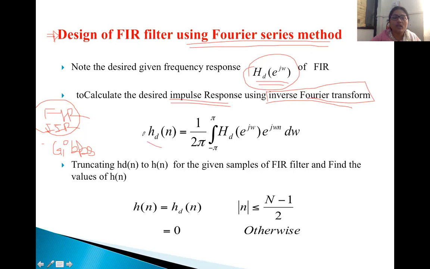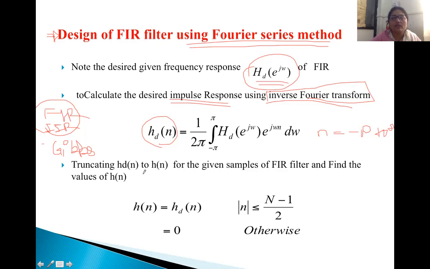Once we get the equation for HD of n, n varies from minus infinity to plus infinity, which is undesirable. What we want is a finite impulse response. So how do we make it finite?